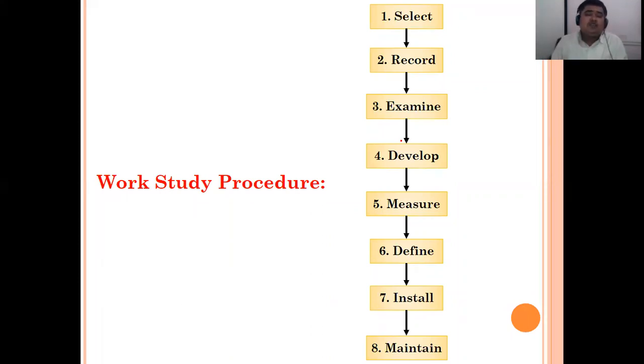And when you reach the end point, maintain whatever changes you made in the previous process. Those changes we require to maintain for a longer time, or those changes may be permanent changes. Then and only then does this work study, this method study, become effective.